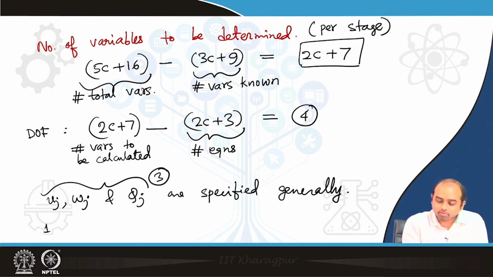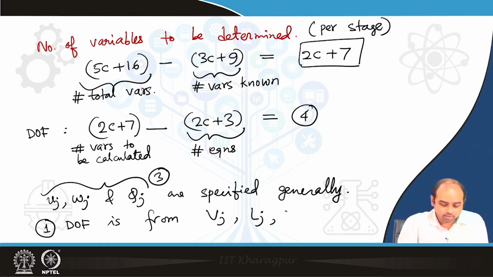So one more degree of freedom comes from either Vj or Lj or Tj or Pj, which has to be specified for this to be a unique problem.